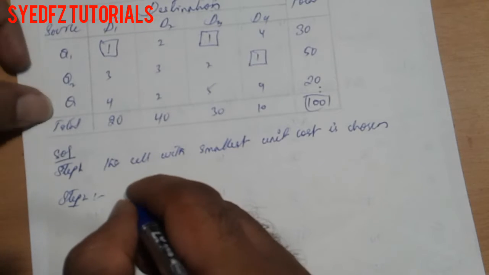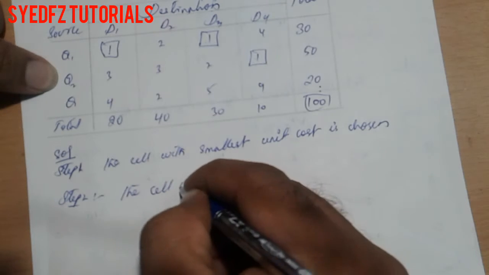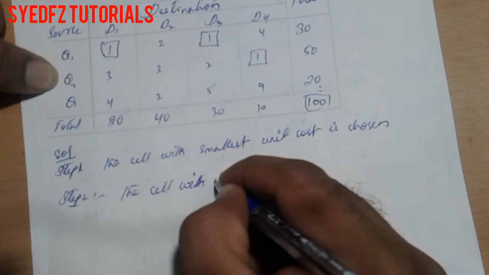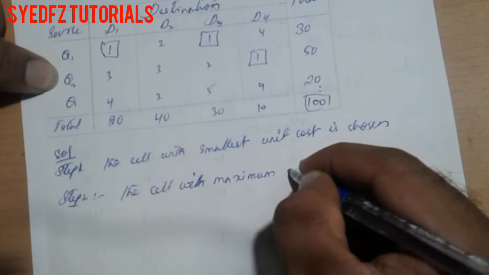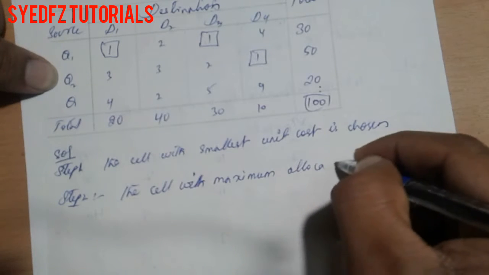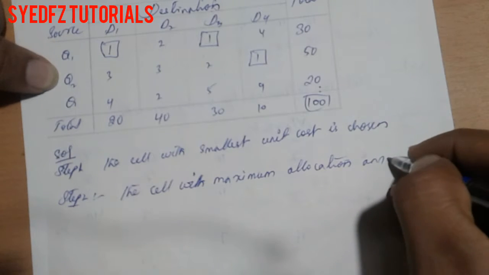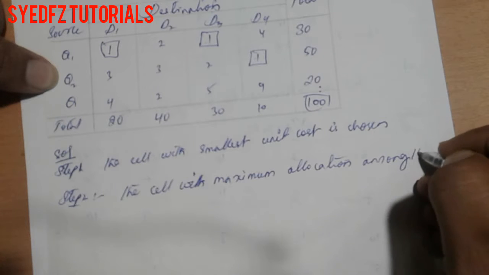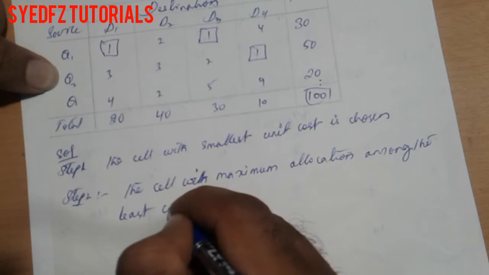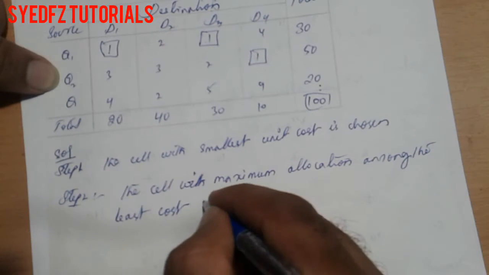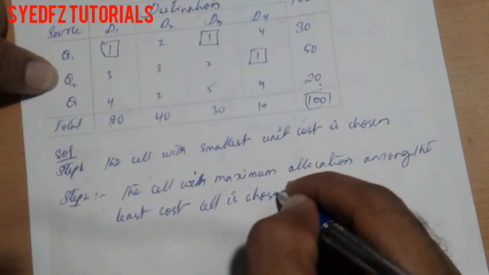Step 2 is the cell with maximum allocation among the least cost cells is chosen.